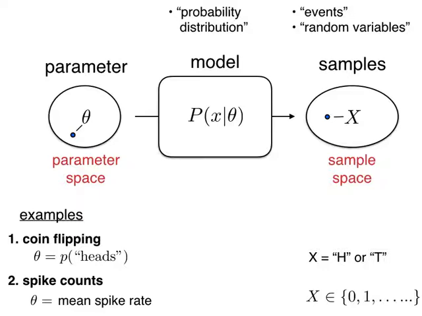You can also use this terminology of statistics to describe a variety of things. One example might be spike counts. So I observe some neuron for some certain amount of time, and I observe some number of spikes. Maybe I do this 1,000 times, so I observe 1,000 bins of some spike count. How does a statistician think about this problem? A statistician says, I want to describe all of the possible spike counts I could possibly observe, and I want to describe their shape or the probability that I generate each one.